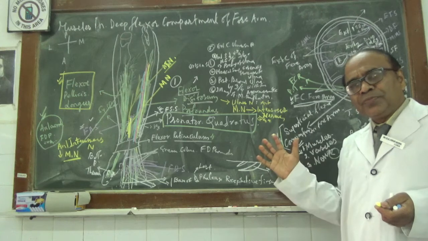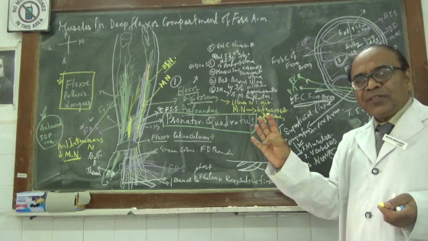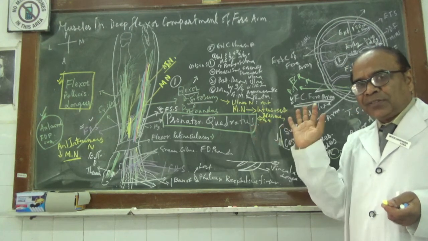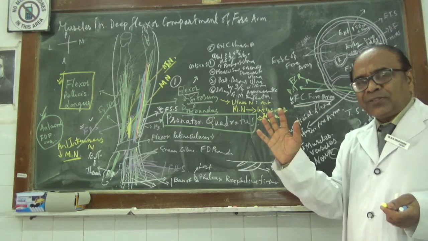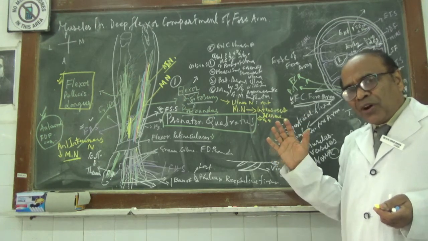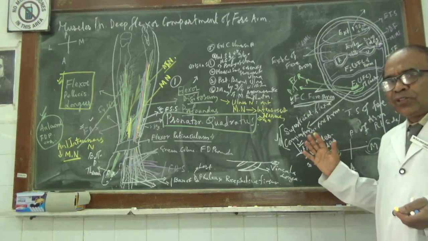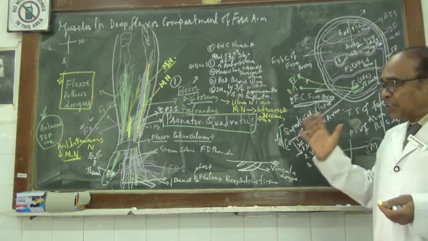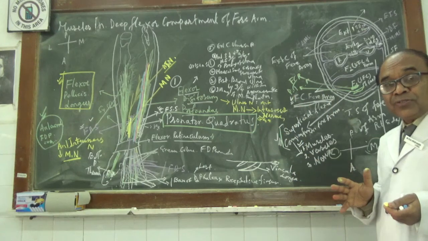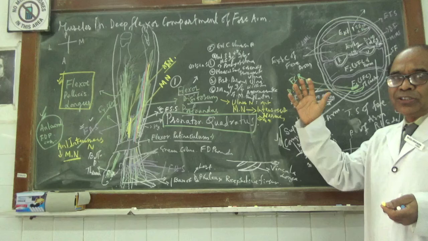Now in the deep group, flexor pollicis longus, lateral part of the flexor digitorum profundus, and the pronator quadratus are supplied by the anterior interosseous nerve, branch of the median nerve, while the flexor digitorum profundus medial part is supplied by the ulnar nerve by its muscular branch. So as for the actions, all are acting on the wrist joint, the exceptions being pronator quadratus and the pronator teres.